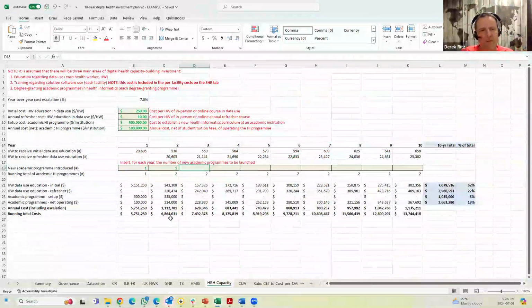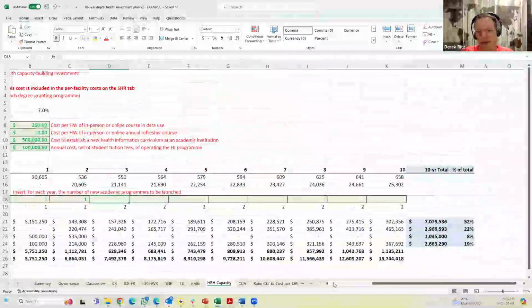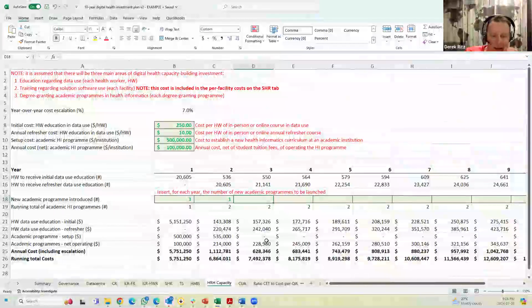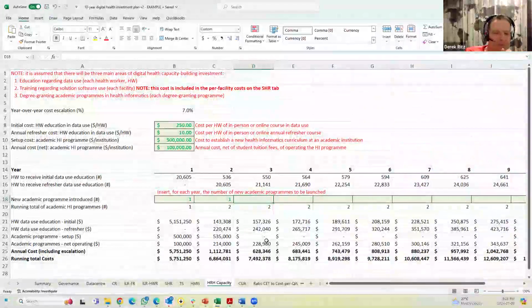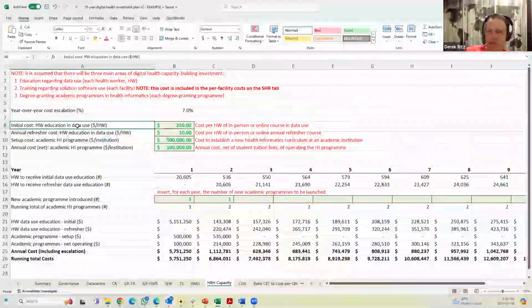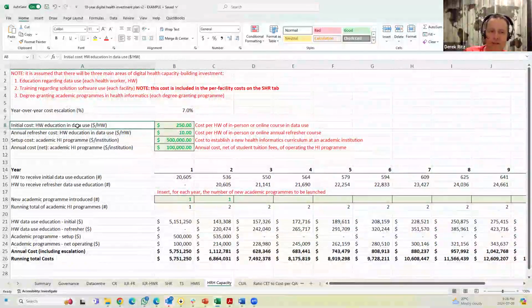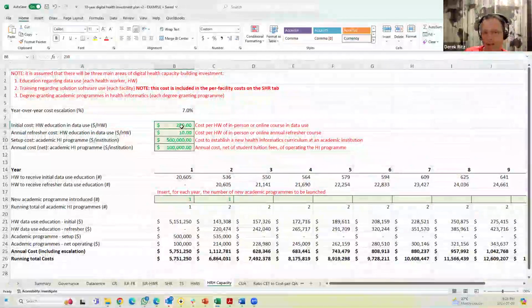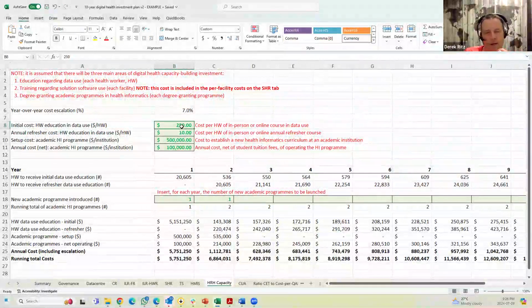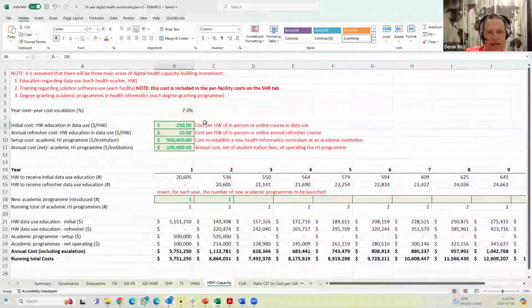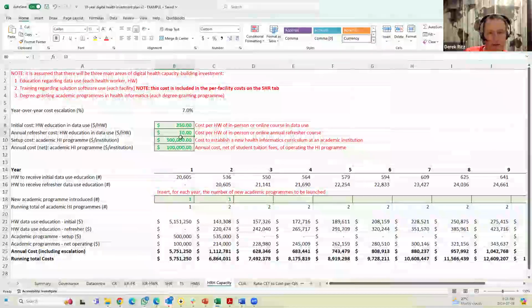This is an interesting one because in many of these countries, in fact in all of these countries, you have to build the health human resources. And as an initial cost, you have to establish data use education for all of your health workers. Well, what's that going to cost? Will you do some kind of in-class training, or will you set up an online training if you can, and then annual refreshers?